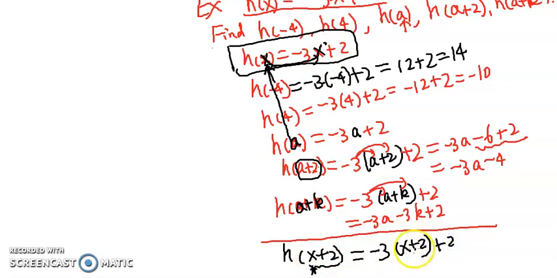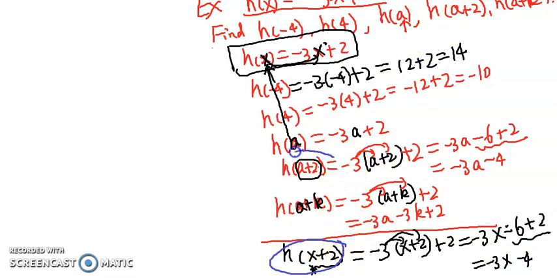And then you can do the same way and distribute, and you're going to get negative 3x minus 6 plus 2. And combining negative 6 and a positive 2 gives us negative 4. If you compare this example that we just did with that one, the only difference is instead of having the letter A, we have a letter x.